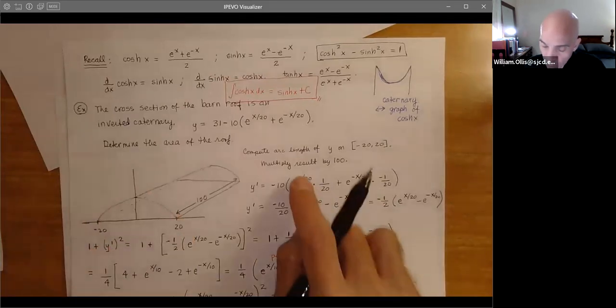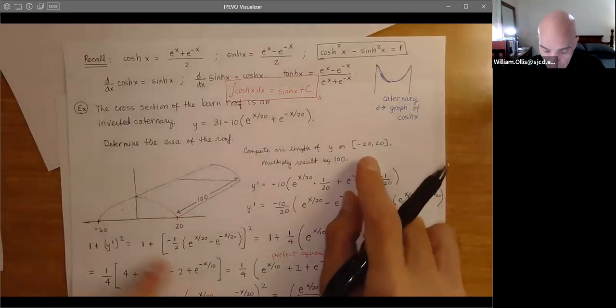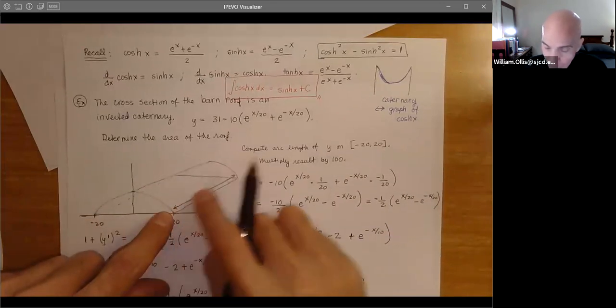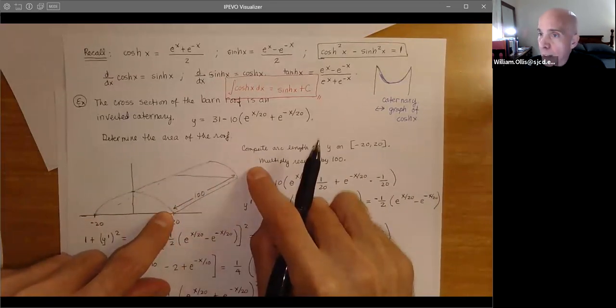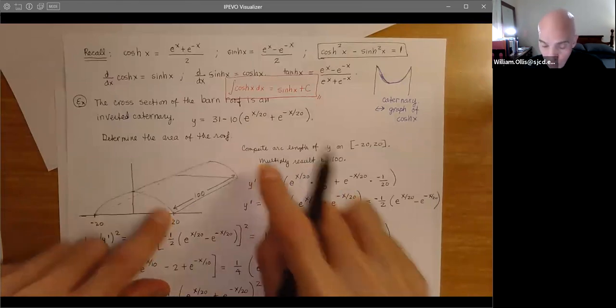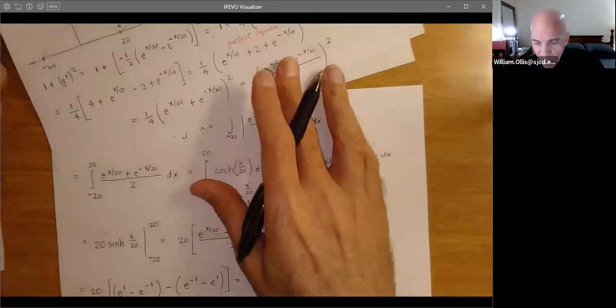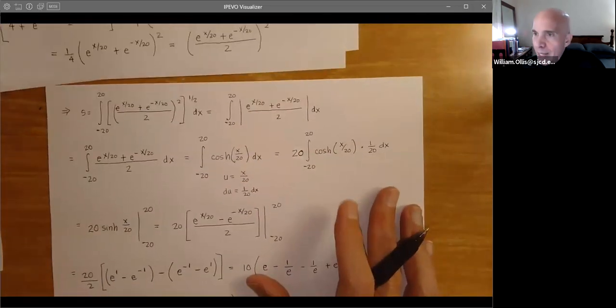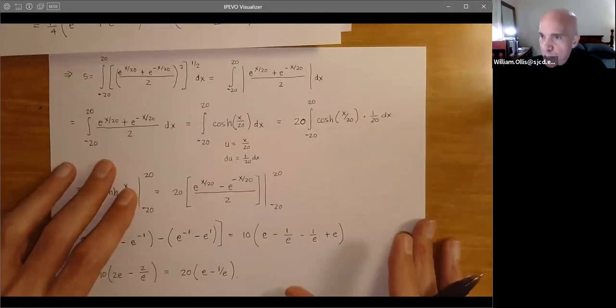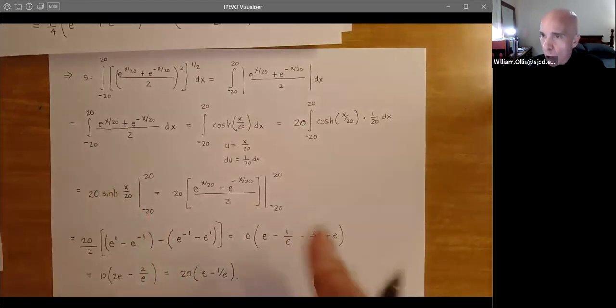So as I said before, compute the length here and then multiply by the breadth to get the area of the roof. So now we did the hard part, which again, just reviewing hyperbolics, and you don't teach this problem unless you give your students all the rudiments, and you just wave your hands over it. It's a waste of time.